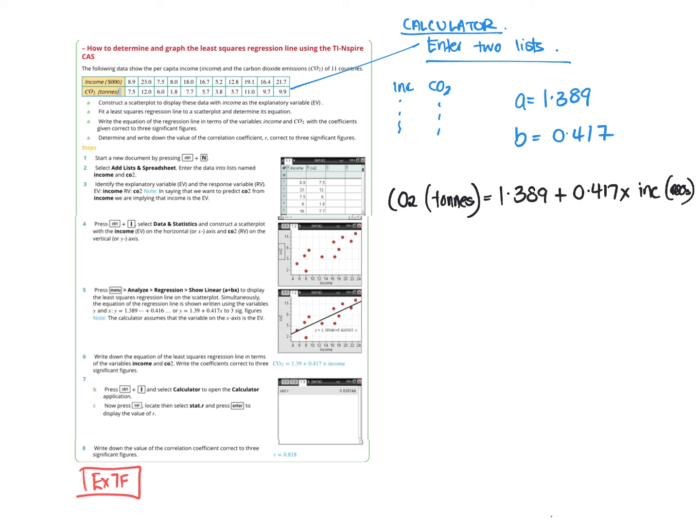And that would be writing the equation. So that is the least squares regression line. That's the equation of that line. The zeros in brackets are there because it was measured in thousands.